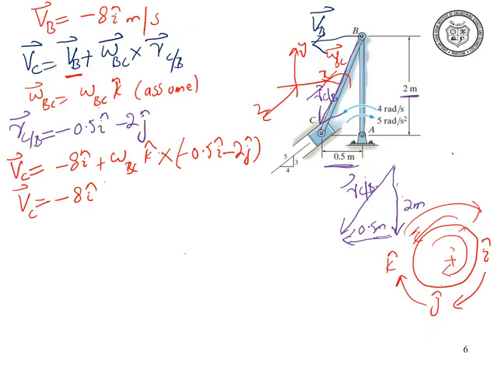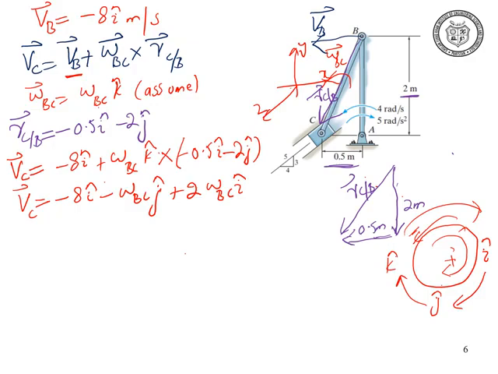So Vc equals minus 8 i. What is k cross i? k cross i becomes equal to j. So this will be equal to minus omega Bc j. Now what is k cross j? k cross j is equal to minus i. So minus and minus become plus, and it becomes plus 2 omega Bc i.